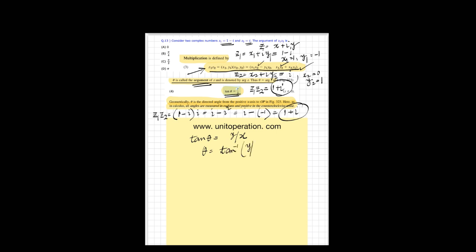So, we have to find out the argument of z1 z2. Let us call this one as x plus iy. So, here of course x is equal to 1 and y is equal to 1. So, this is equal to tan inverse 1 over 1, which is equal to pi over 4. So, B is the correct option.